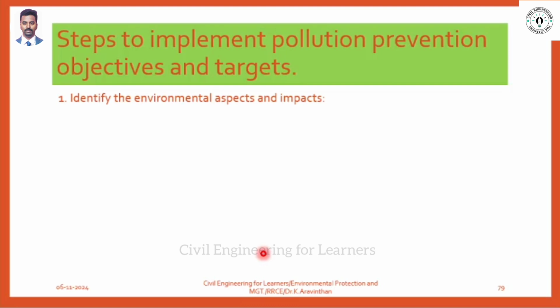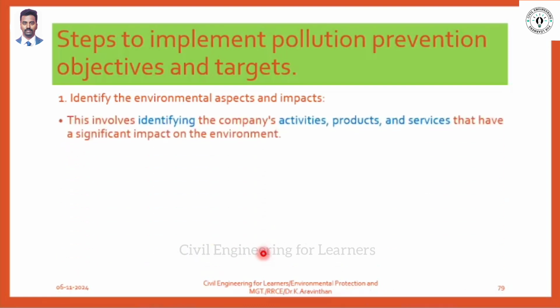If your aspect is positive, then your impact will be positive. If your aspect is negative, for example diesel engines, your impact will also be negative. So these will be environmental impact. So aspects should be under 3 parameters. What are they? It should be activities, products and services.